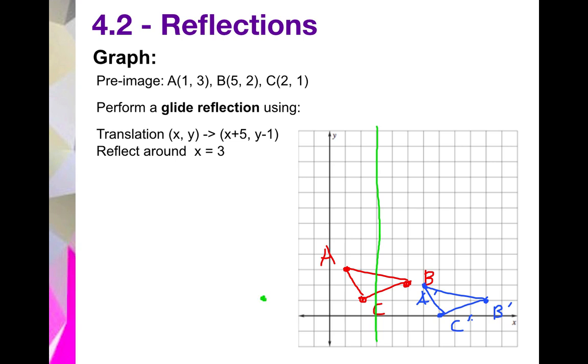So B double prime is going to be here, and C is going to be there, and A double prime is going to be here. So then we put this back together again, and there's our final image. So we've done a glide reflection about the reflection around x equals 3, and we've done the translation of 5, minus 1.